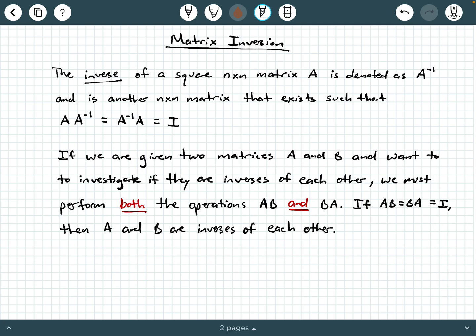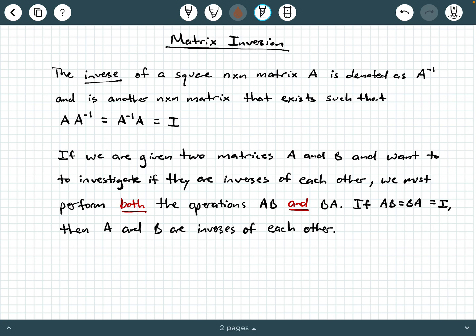First of all, you want to remind yourself, what is an inverse? In general, in mathematics, an inverse is really any operation or any entity that will undo something else. So we can think of the inverse of addition as subtraction. You could think of the inverse of multiplication as division.